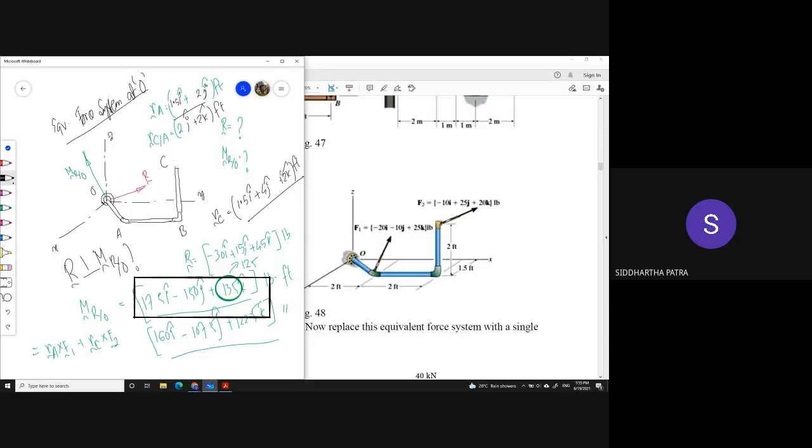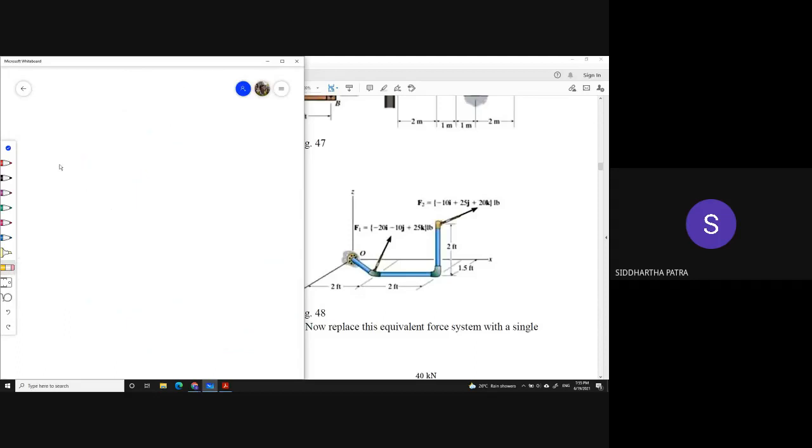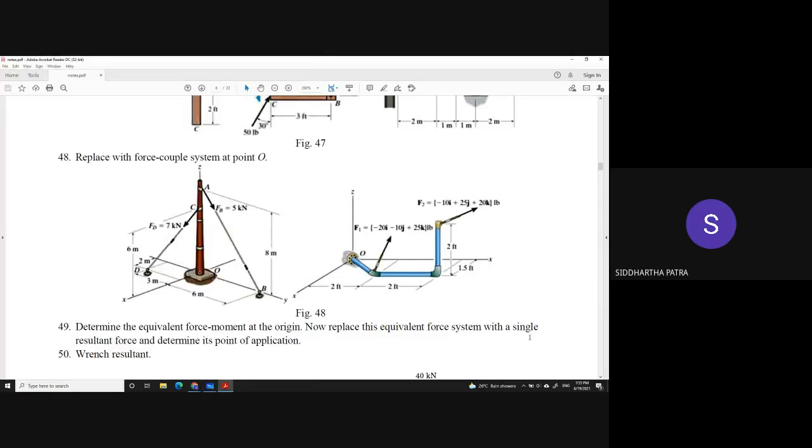So the next thing that you are about to learn is wrench resultant. I'm not quite sure whether deleting it was a good idea, but let's say wrench resultant. And for this, we would take a simpler example.